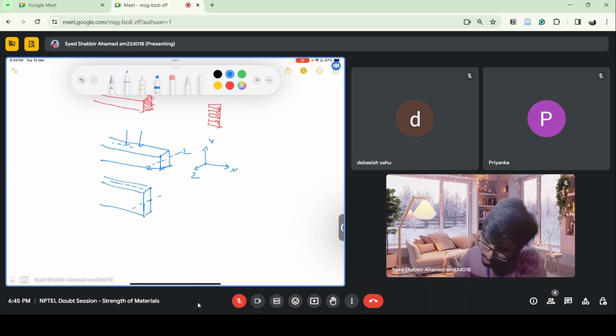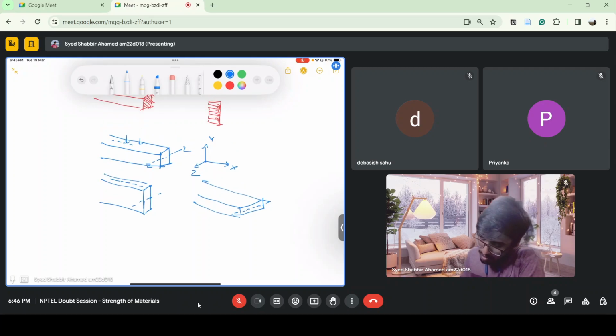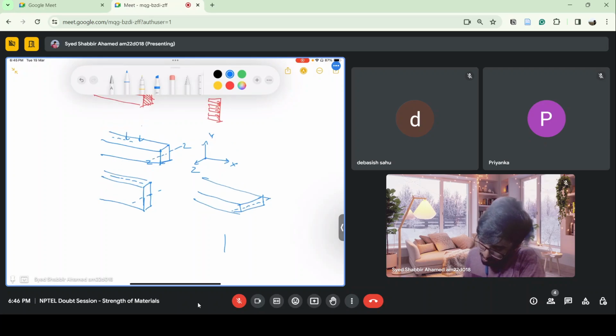We are just talking about bending. Another cross section, the beam will look like this. This will bend about this axis. We know that all the cross sections have same area.